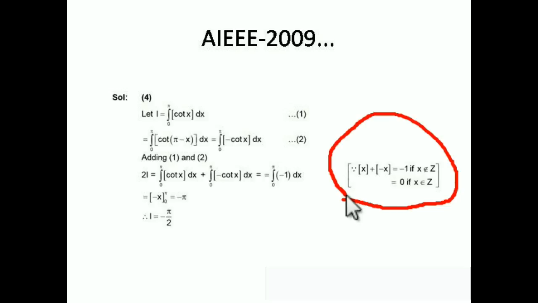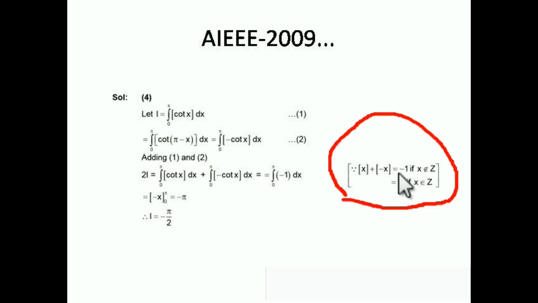See here, box of x plus box of minus x. Let x not belong to Z, that means let's say x is equal to 2.5. So box of 2.5 is 2, correct. Box of 2.5 is 2 plus box of minus 2.5, that is minus 3.